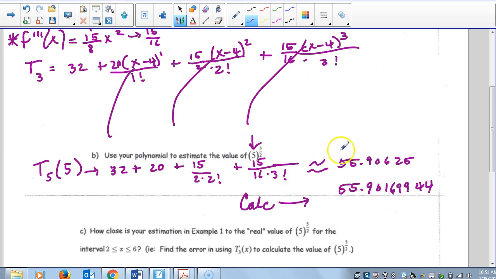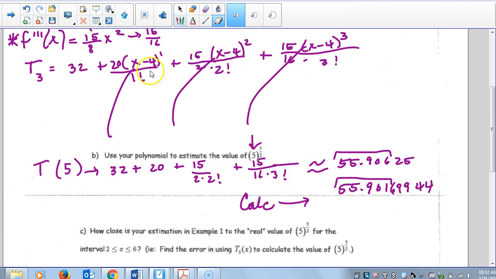Which is pretty darn good. Check this out. We're good until we get to the third decimal place, and we only used 3. I just realized I wrote T5. I think I was thinking about putting 5 in. Silly me. Okay, so that's T3.